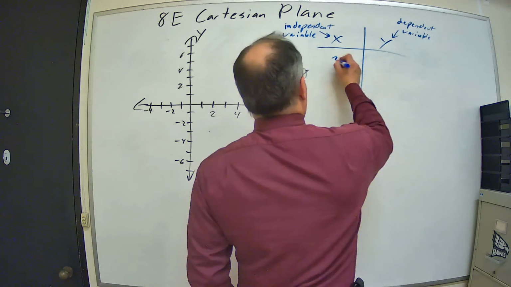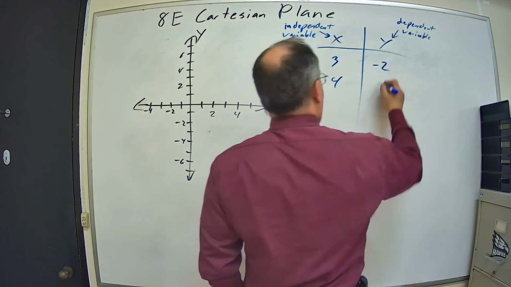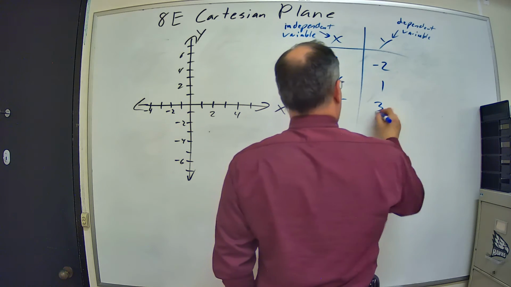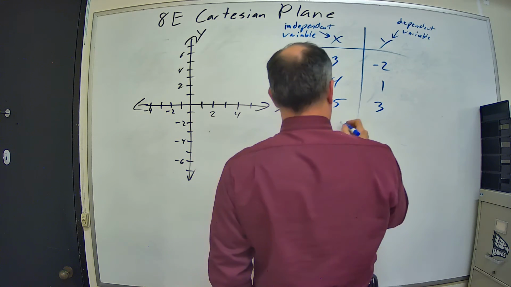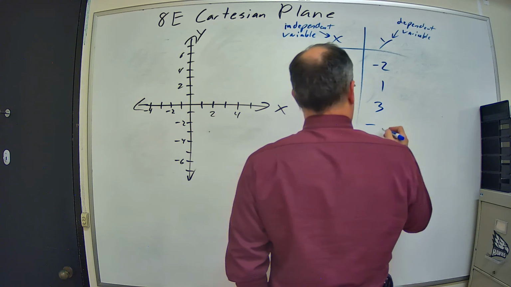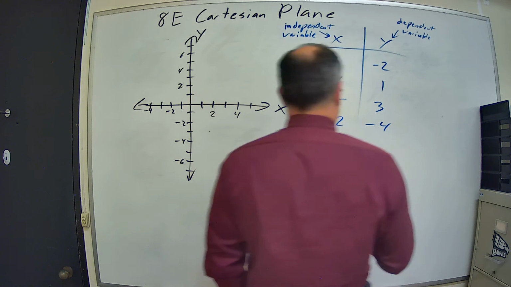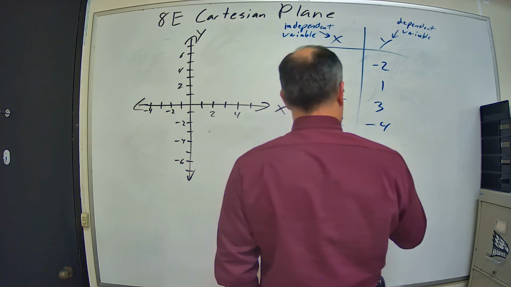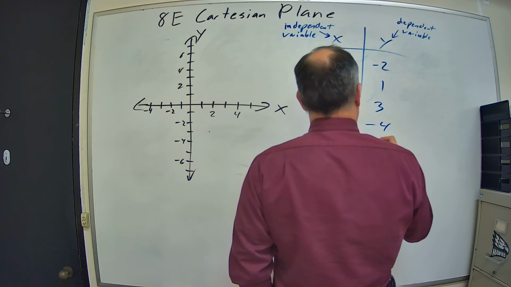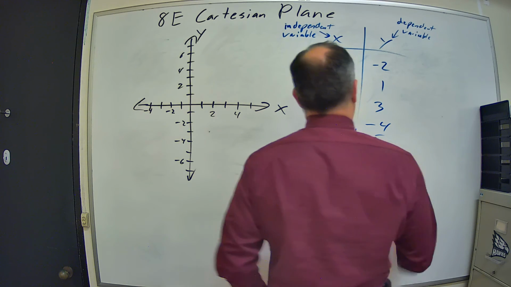So if we have 3, -2, 4, 1, 5, 3, -2, -4, and -1, 5.